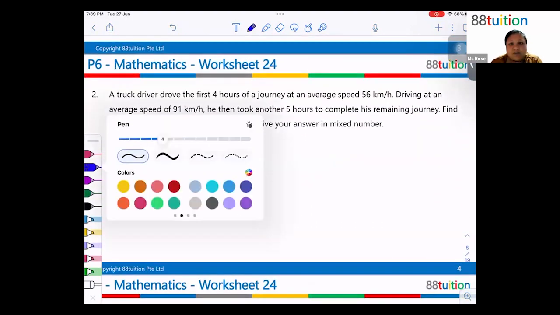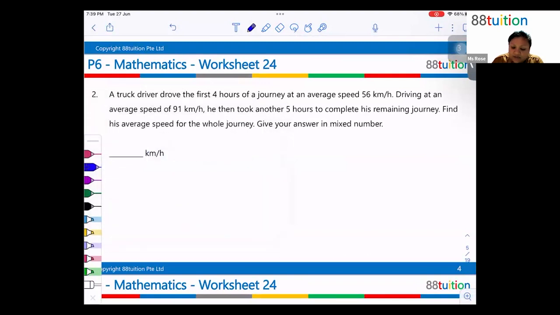If you look at question number 2, it says here, a truck driver drove the first 4 hours of a journey at an average speed of 56 kilometers per hour. This is your first part.